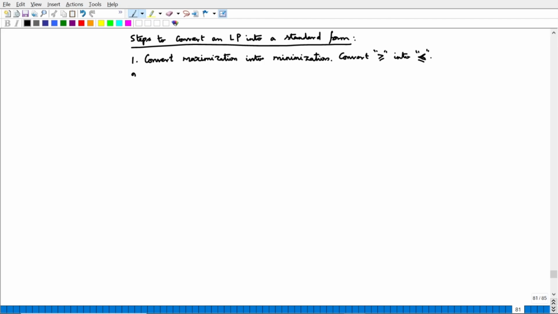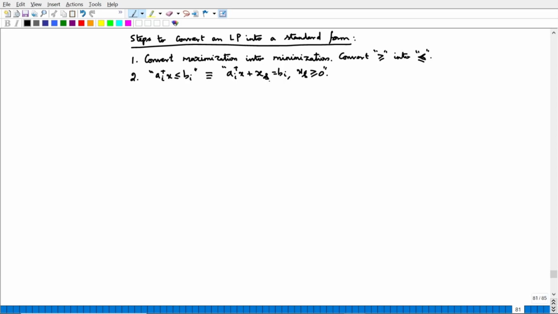The second step is, if you have a constraint ai transpose x less than or equal to bi, that should become ai transpose x plus some slack variable, call it xs, it could be anything else, I am just giving an illustration, equal to bi, xs greater than or equal to 0.